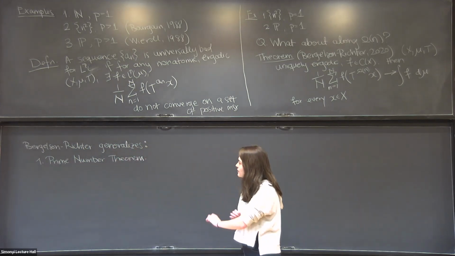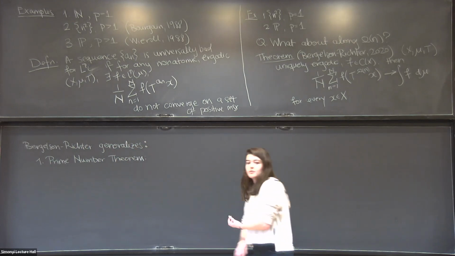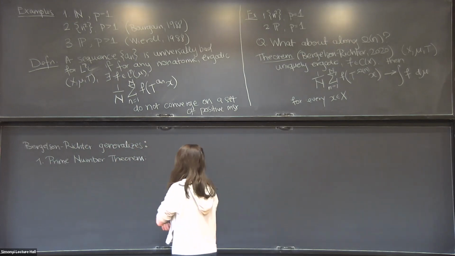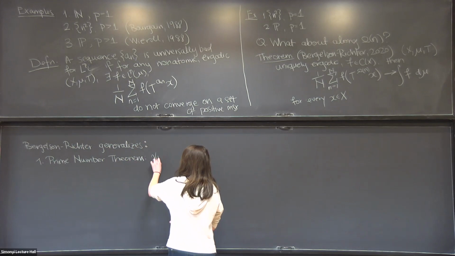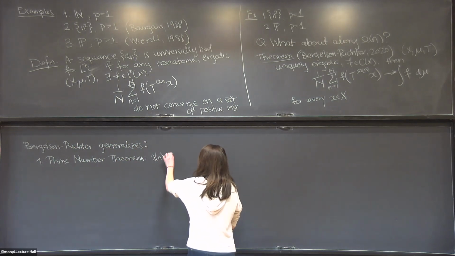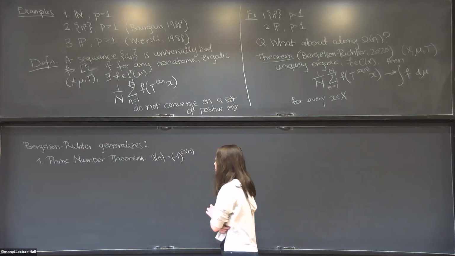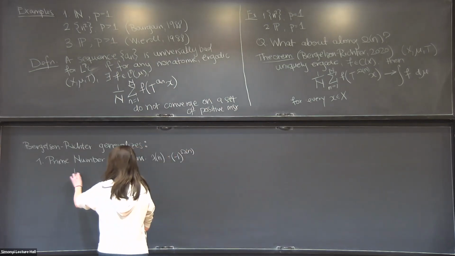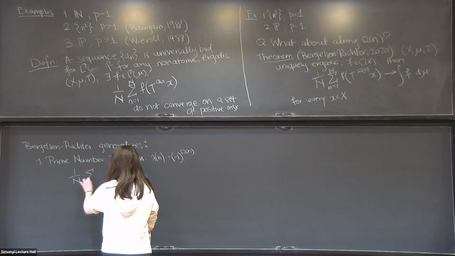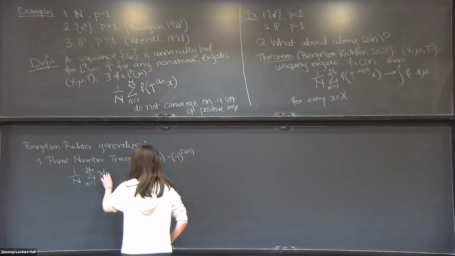The prime number theorem, we're going to think of in one of its alternate formulations. The prime number theorem is equivalent to the statement that if we let lambda n denote the classical Liouville function, minus 1 to the power omega n, the averages of the Liouville function tend to 0.